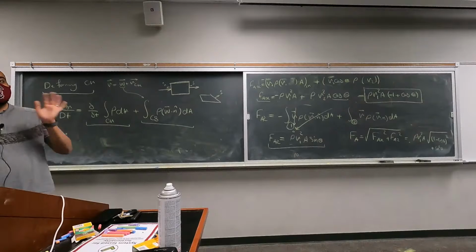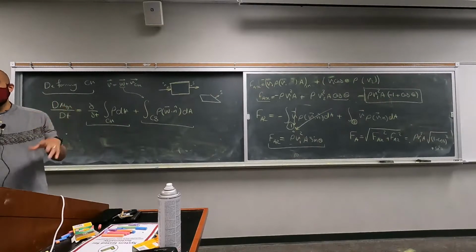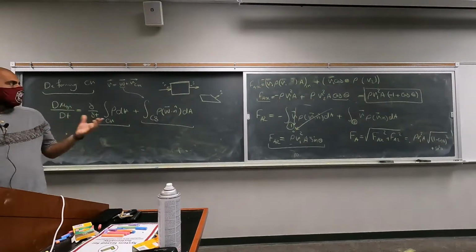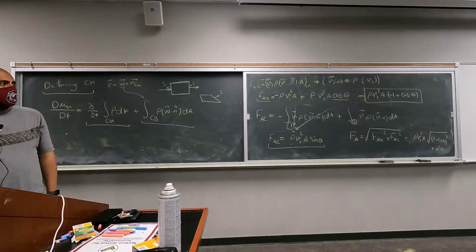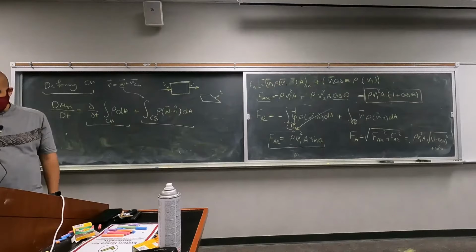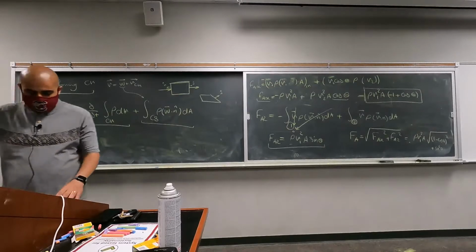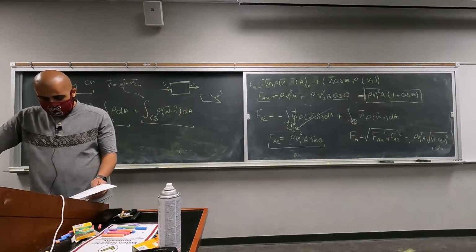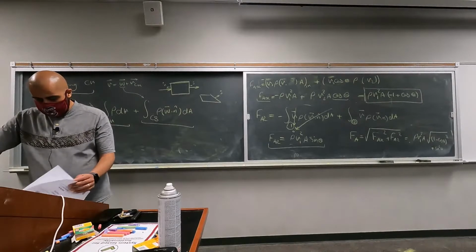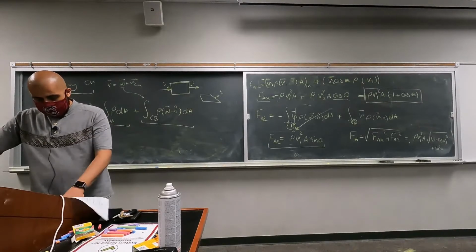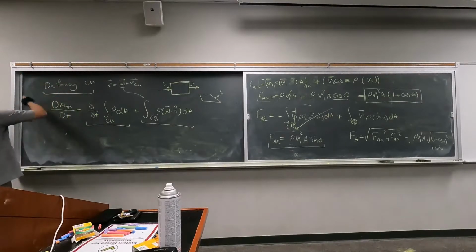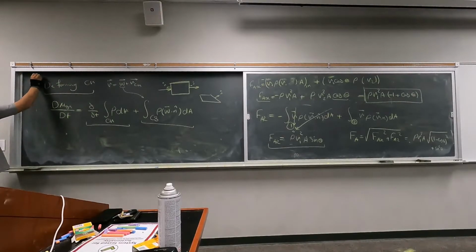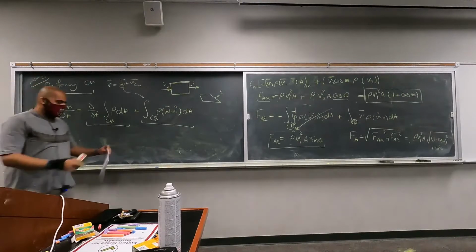And it's a very complex situation. That's why you never see these types of problems in a class. If you want to solve them, you have to use computers, computational fluid dynamics, or CFD, which you probably have heard about, hopefully. OK. So that's moving, deforming control volume, conservation of mass. This is something that was left over from the previous lecture.